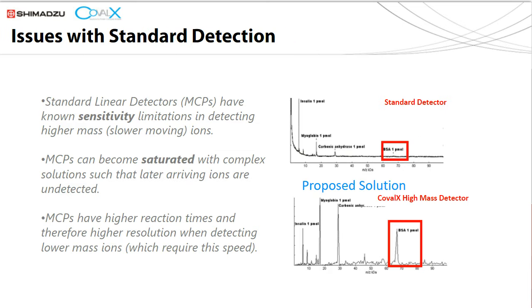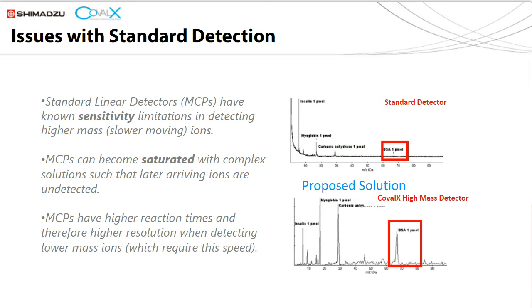Now, there are a couple of issues with detection of ions with most standard detectors. One of the traditional detectors is an MCP or microchannel plate detector, but this can be found with most standard detectors. The two major issues that we'll be addressing are both sensitivity and saturation. Sensitivity is that as ions get to higher and higher masses, detection efficiency goes down.